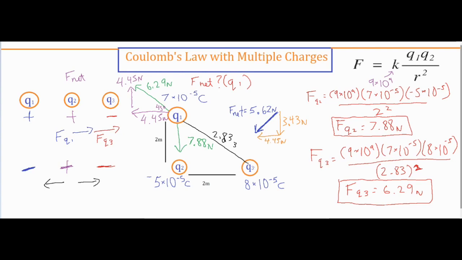Okay, if you wanted to solve for the angle at which it's pointing, if you want to solve for this theta right here, you can use an inverse trig function. So say, for example, if you use the inverse of tangent, okay, tangent is opposite over adjacent.